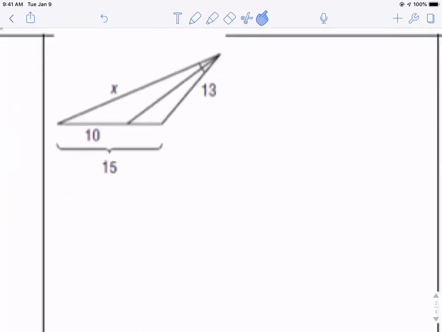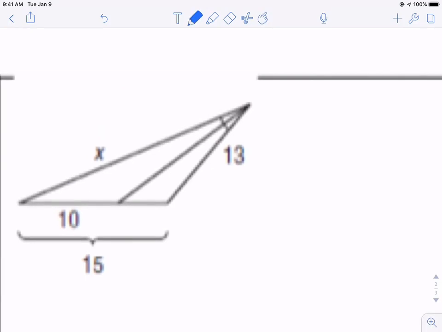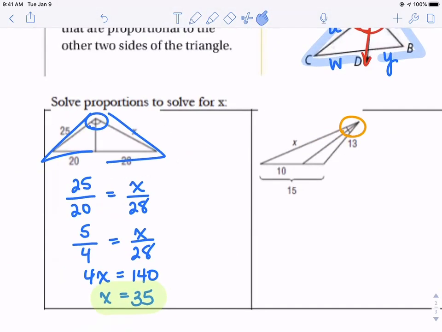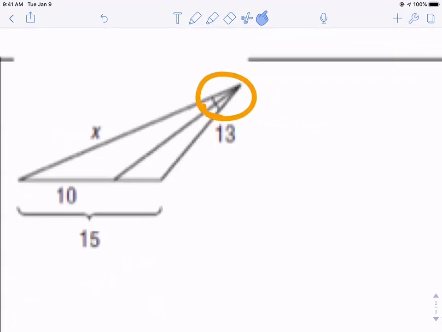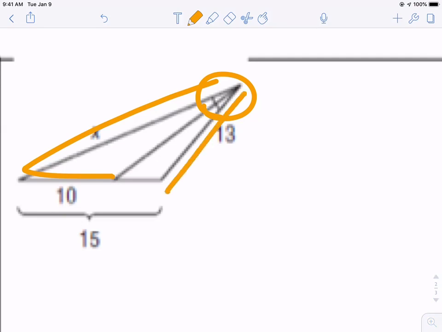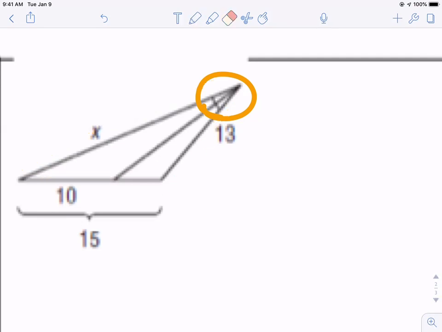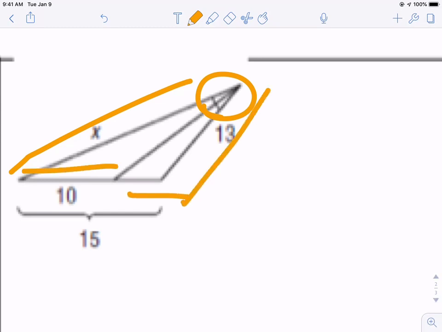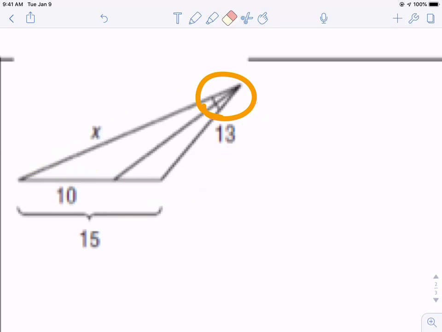Okay, and then over here, again, you want to notice that you do have an angle bisector. And so when you have an angle bisector, you can say segment is to segment as segment is to segment. Notice the whole side of the triangle from the angle bisector compared to the little piece on the side, and then a whole side compared to the little piece. So we need this segment here being 5.